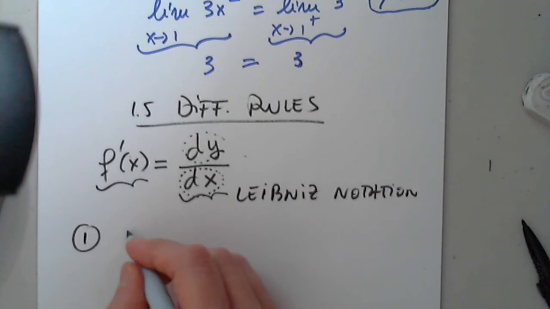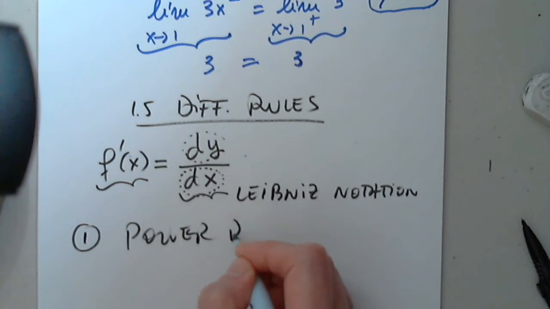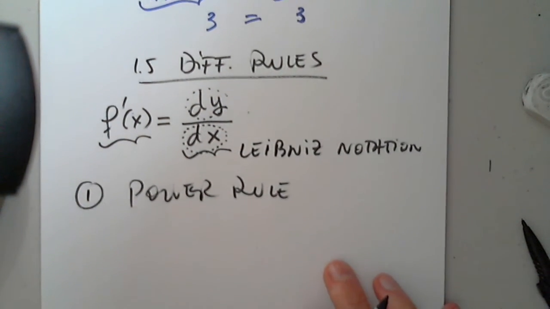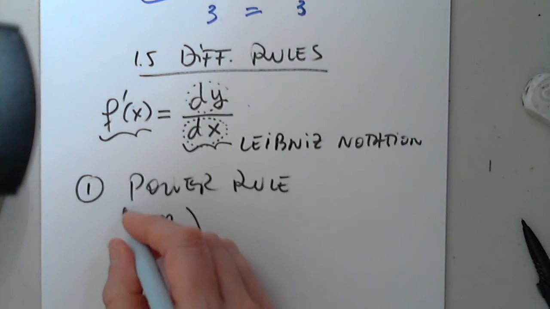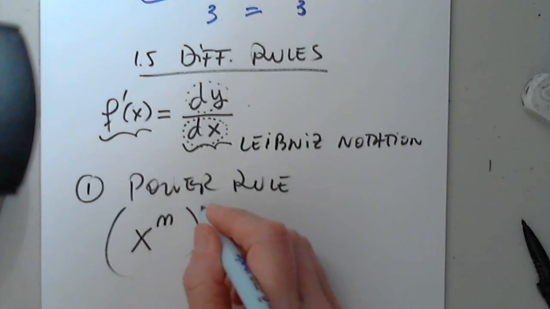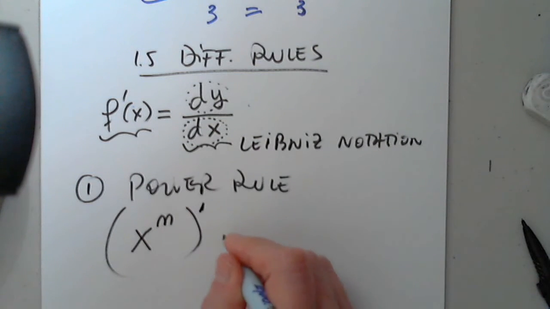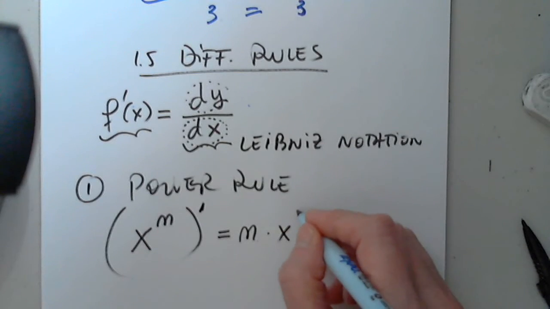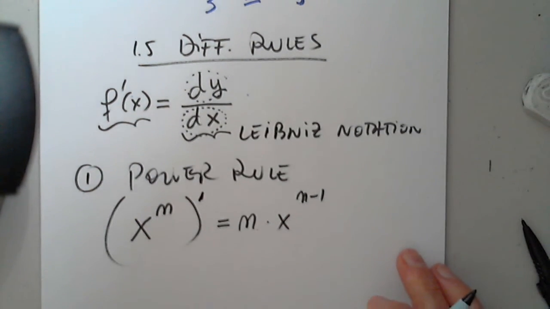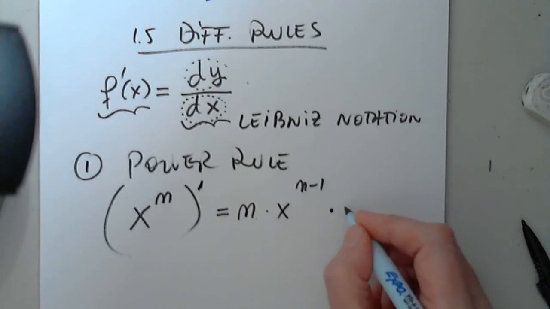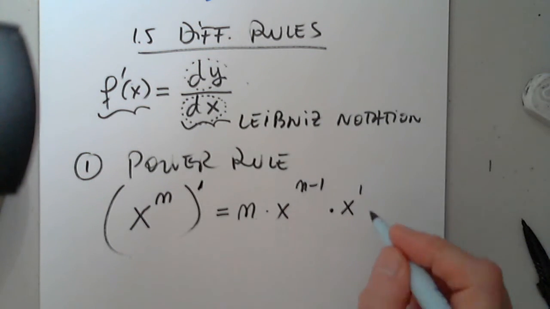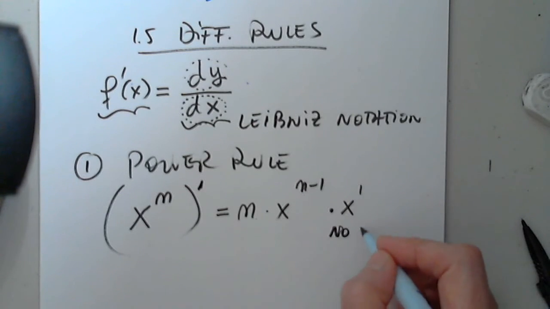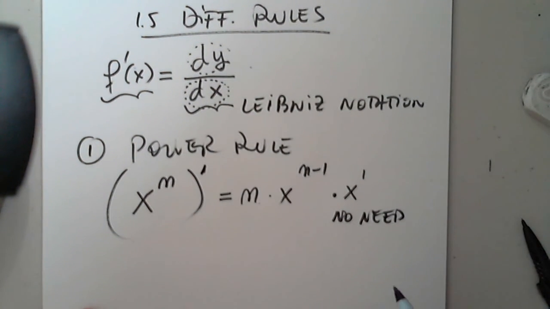So the first rule is the power rule. The power rule says that when we have x raised to a power, any power n, the derivative, we bring down n and subtract 1 from the power. To be exact, I should write times x prime. We do not need to. No need. Why?